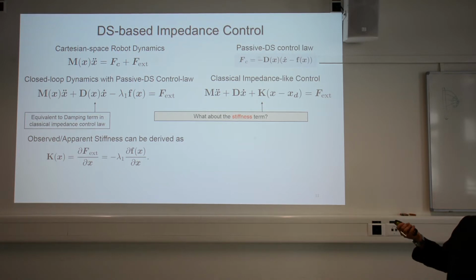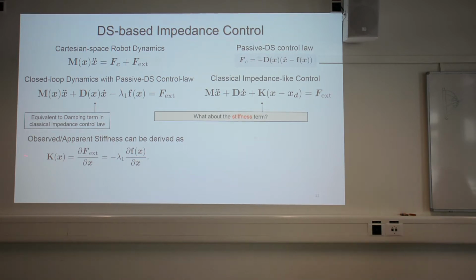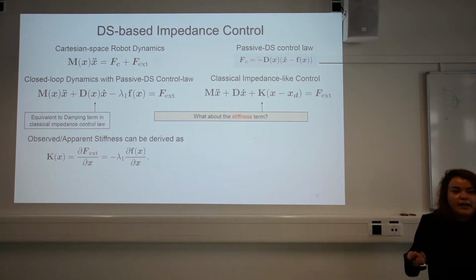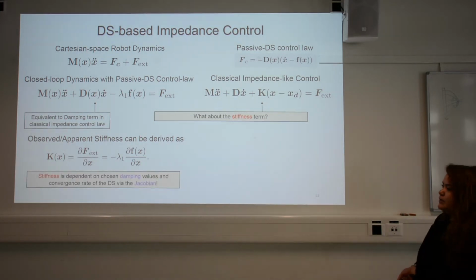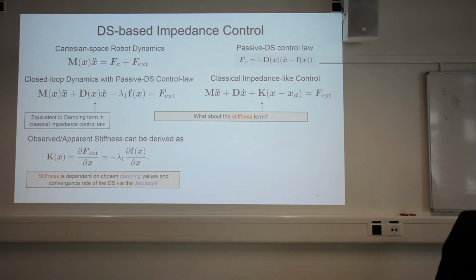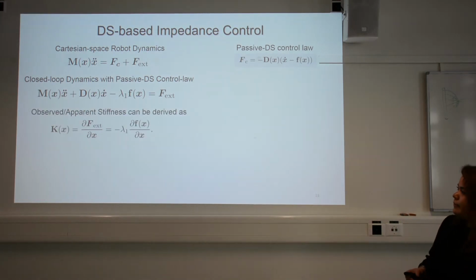If we take the derivative of the closed loop dynamics with respect to the states, we see that the apparent stiffness of our closed loop dynamics depends on the Jacobian of the dynamical system times the damping term, that is, the first eigenvalue of the damping matrix.